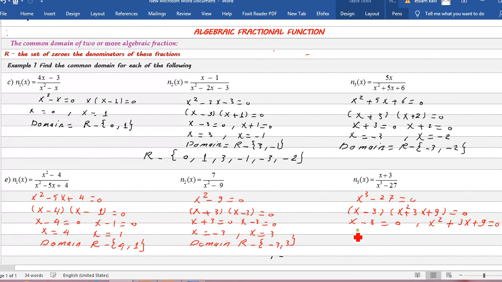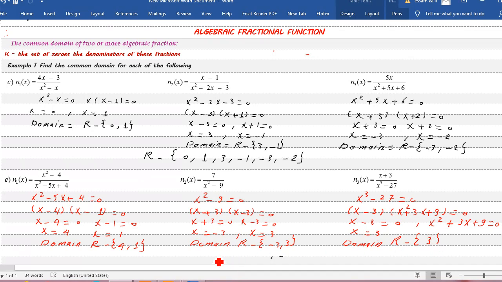Then x, moving negative 3 to the other side, becomes 3, and for x power 2 plus 3x plus 9, the zeros of this equation equal phi. Then the domain equals r difference 3.